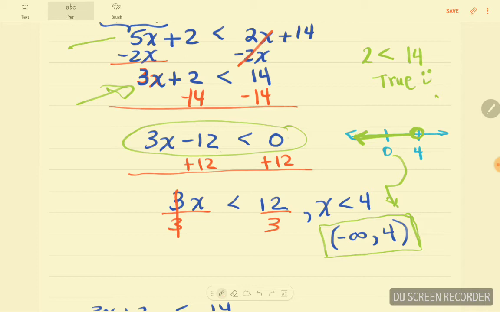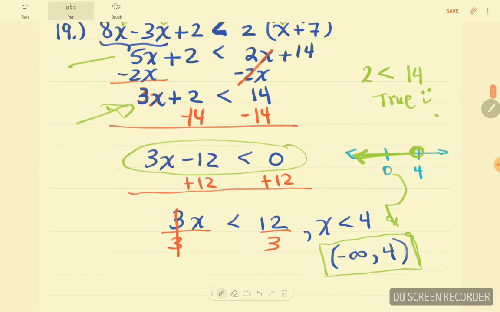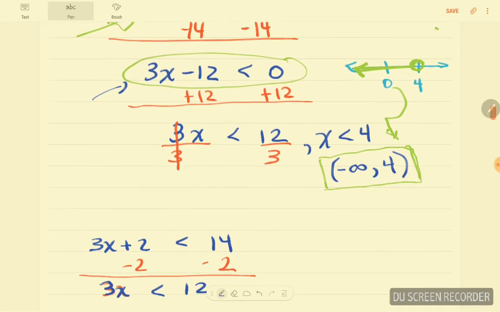And if you're not in the habit of doing that, you may end up doing something else which will cause you to get the wrong results. So I'm going to just form a habit here to always make one side equal to 0, or put all the terms on one side and nothing on the other side. As a habit, I'm just going to do it even if it does end up in more steps. I'm going to continue to do that so that I have a consistent procedure going forward.